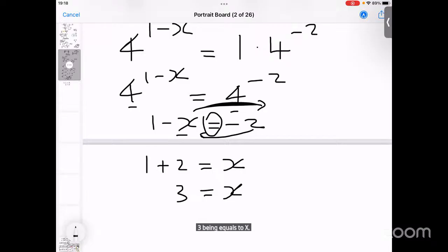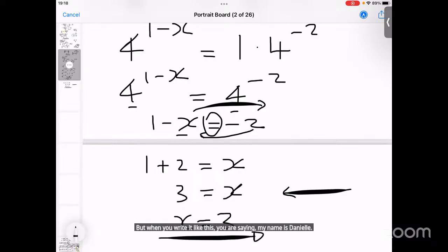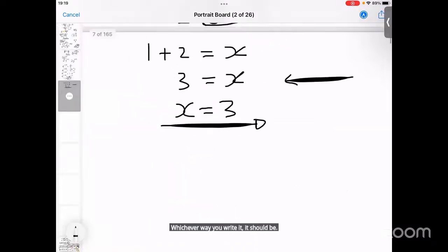Remember, I've always been saying it's like saying Dineo is my name, but when you write it like this, you are saying my name is Dineo. Whichever way you write it, it should be fine.